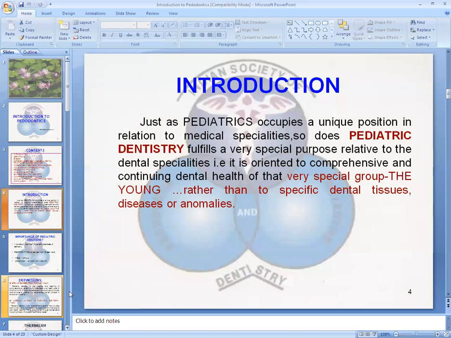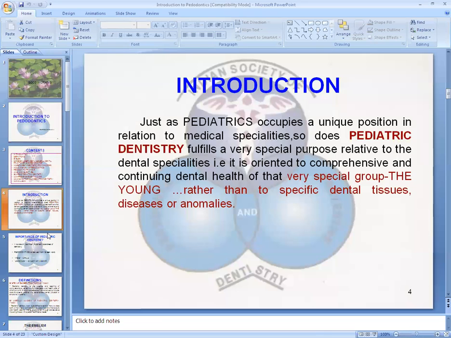As we know there is a pediatrics branch in MBBS, a medical specialty. So in dentistry also there is a pediatric dentistry branch. It fulfills a very special purpose related to the dental specialty. That is, it is oriented to comprehensive and continuing dental health of a special group, the young children, rather than to specific dental issues, diseases, or anomalies.